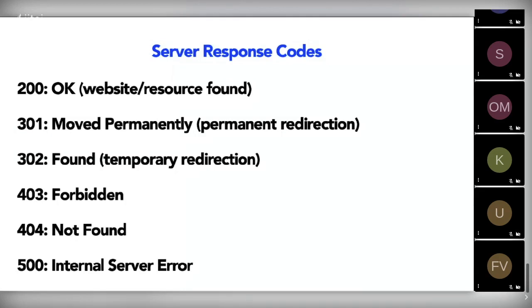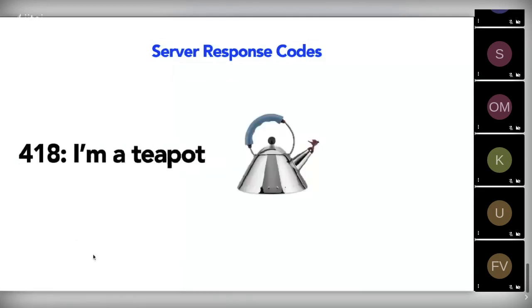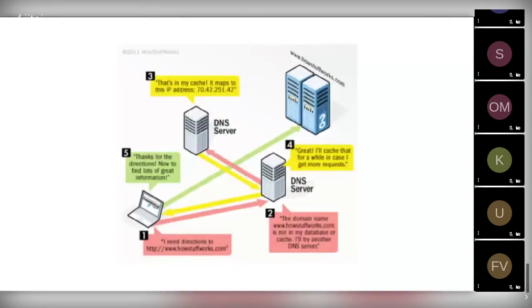And there's even this one, believe it or not, which is a 418, which basically means I'm a teapot, which sounds like a joke. It is a joke, but it literally does exist, as in that is a response code that you can get. And that kind of brings us full circle.